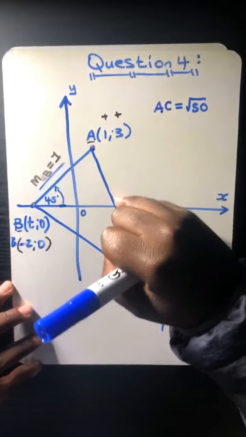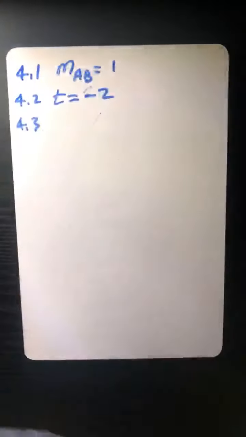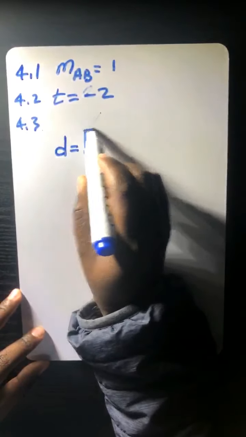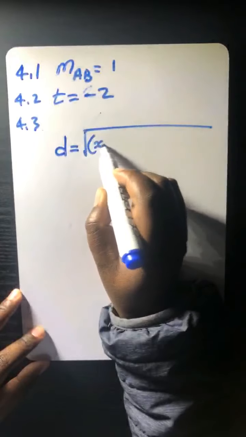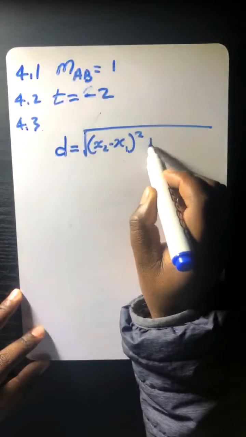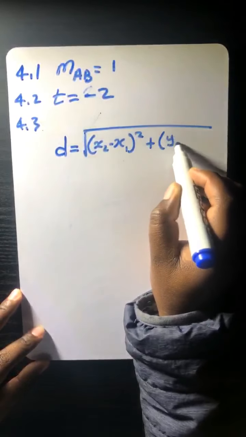Then we're going to substitute the AC, and then look for x2. x2 is the x coordinate of P.